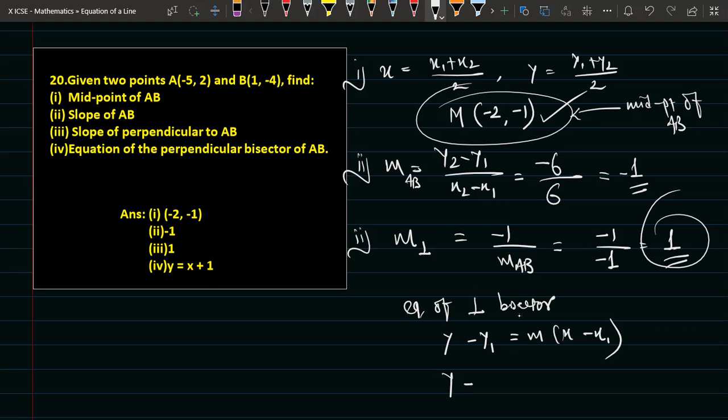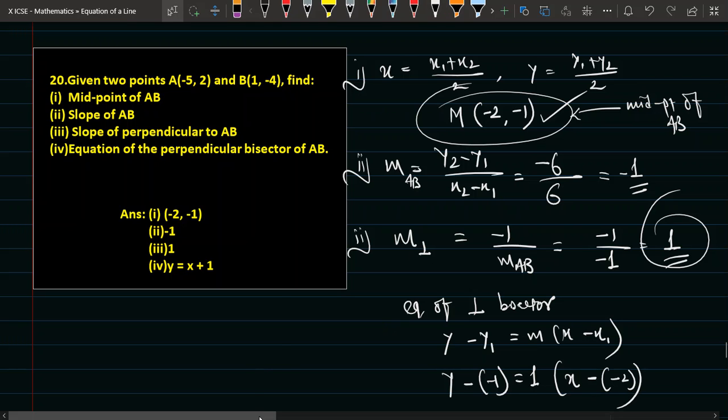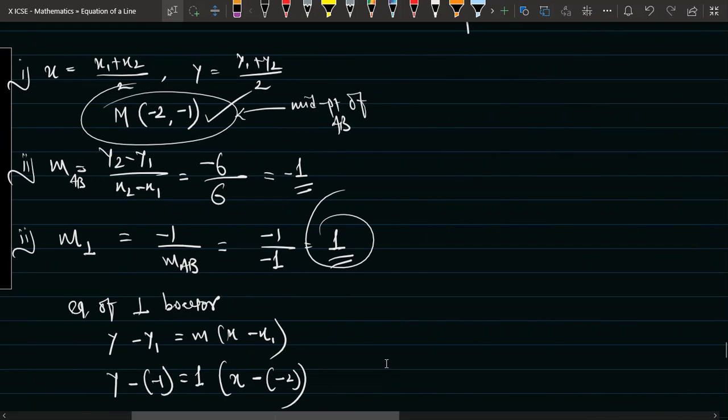So y minus, what is y1? -1 is equal to m, which is 1, bracket x minus x1, which is -2. Okay, so the equation will become y plus 1 equals x plus 2.